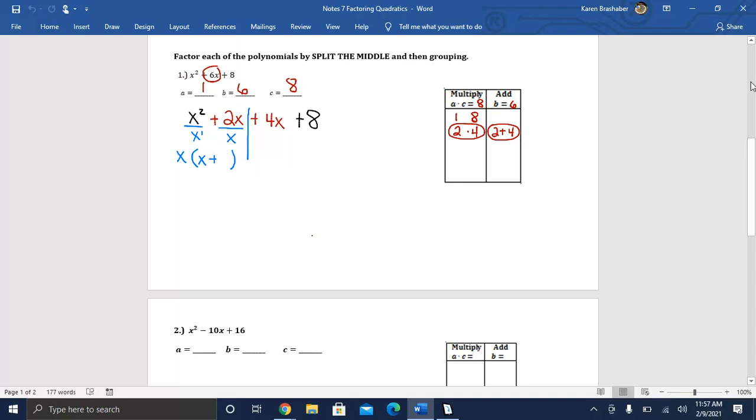Remember that in order for this grouping process to work, our parentheses needs to match. So when we divide here, we want to divide by the biggest number that we can that will divide into both 4 and 8. So although it's tempting to use 2, there's a bigger number you need to use.